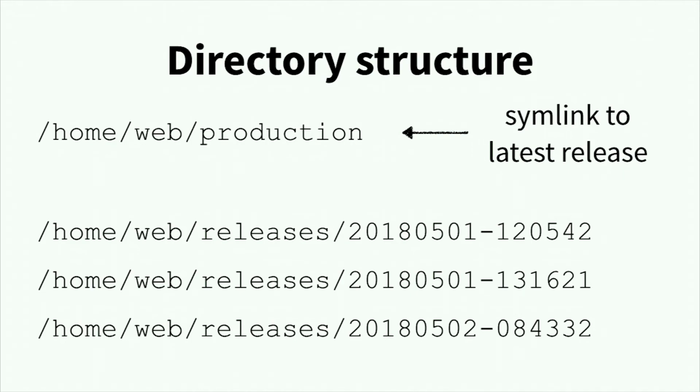We have the production symlink that links to the latest release, and with each deployment we create a new directory and prepare the application as much as possible for the incoming traffic, which means that we can compile the DI container, we can compile template files, we can build CSS and JavaScript, and once our application is ready, then we can switch the symlink to the new directory, to the new version.